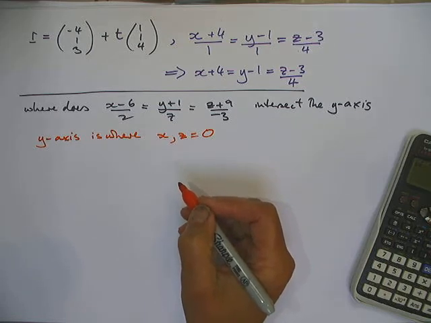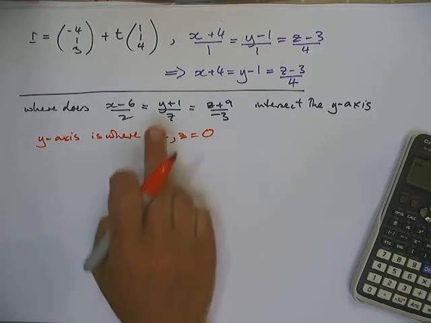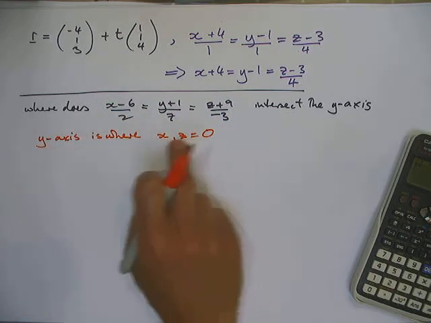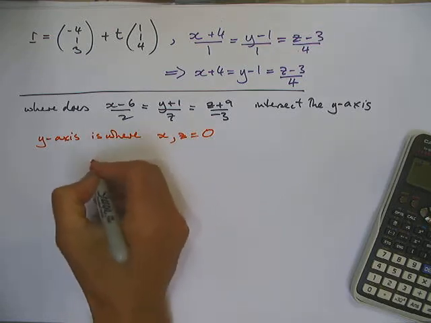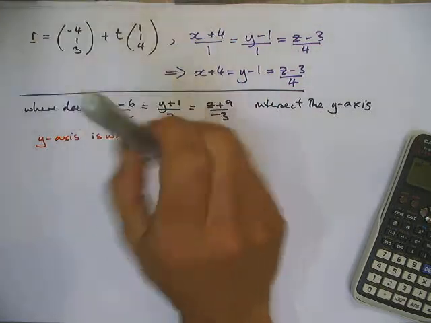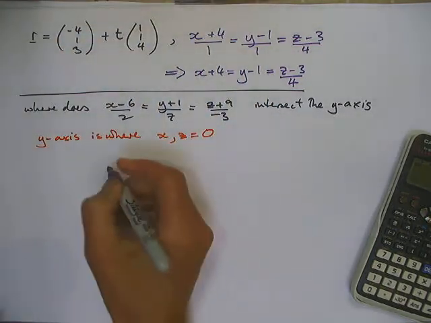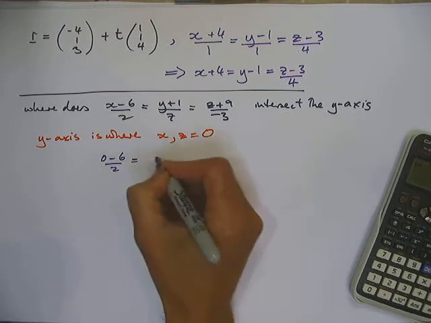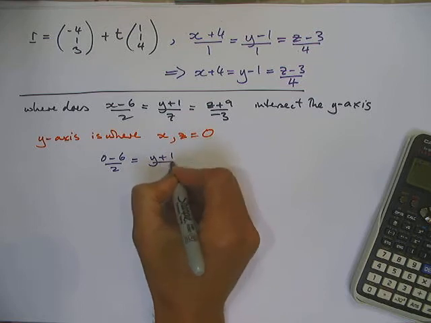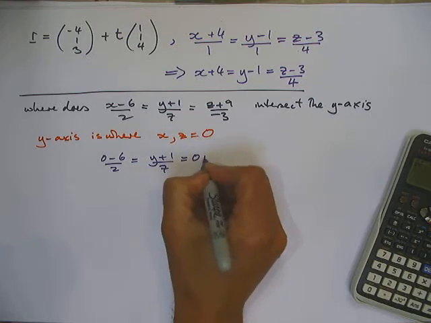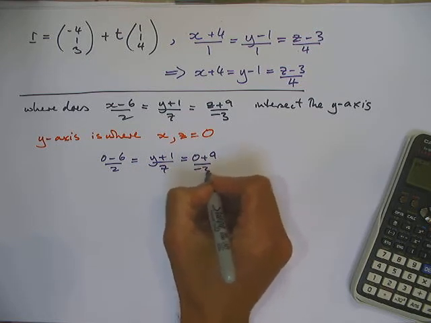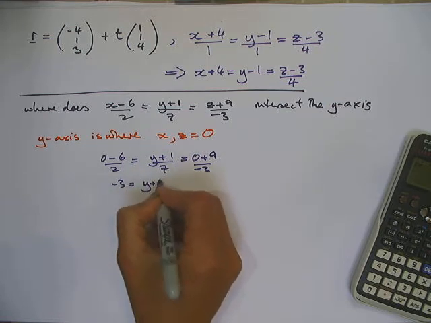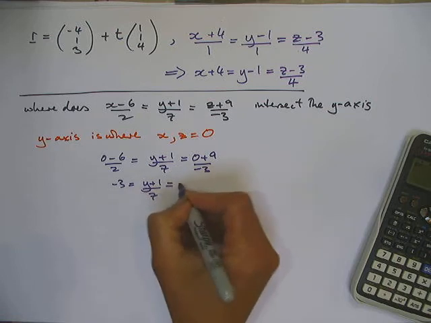So if we want to find where this Cartesian form of it intersects the y-axis, we can substitute these values into this. So we get 0 take 6 over 2 equals y plus 1 over 7 equals 0 plus 9 over minus 3. Minus 3 equals y plus 1 over 7 equals minus 3.